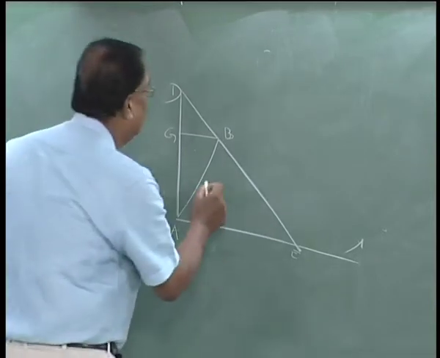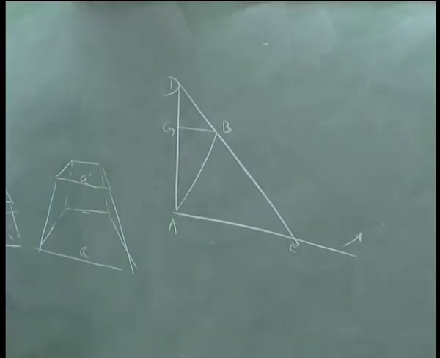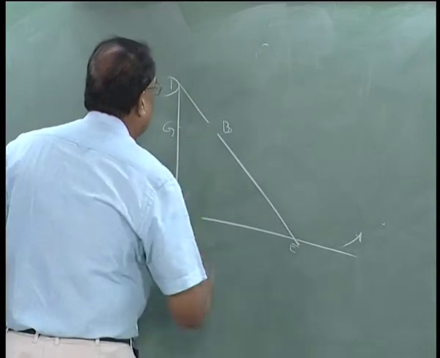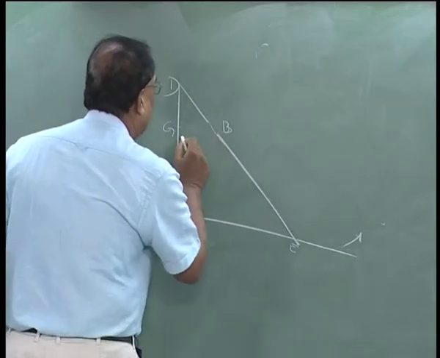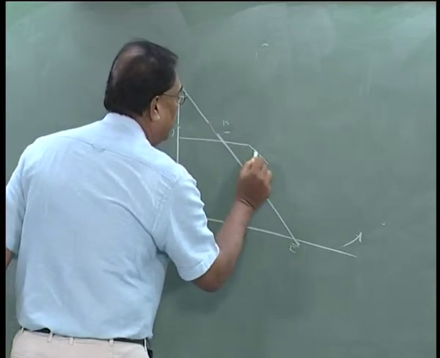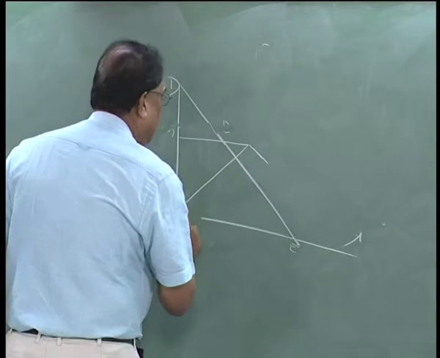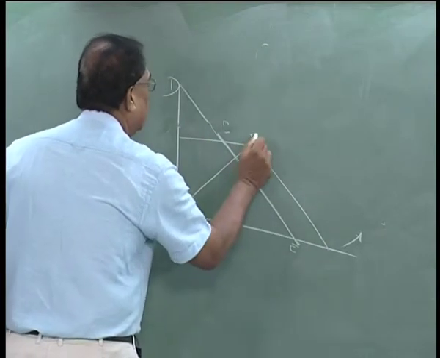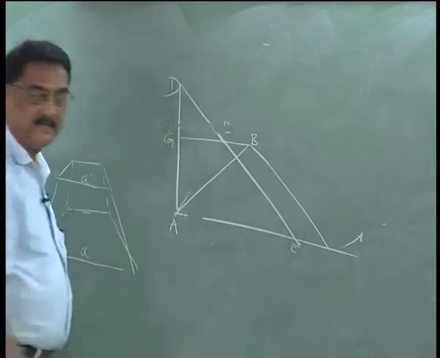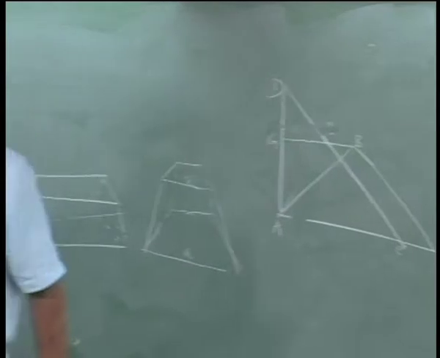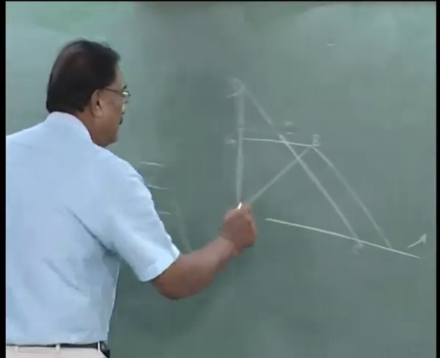Slanting is this actually, and suppose this is the slanting pillar, so it will be like this. So this is B, this is G, and this is the figure, and this is F.